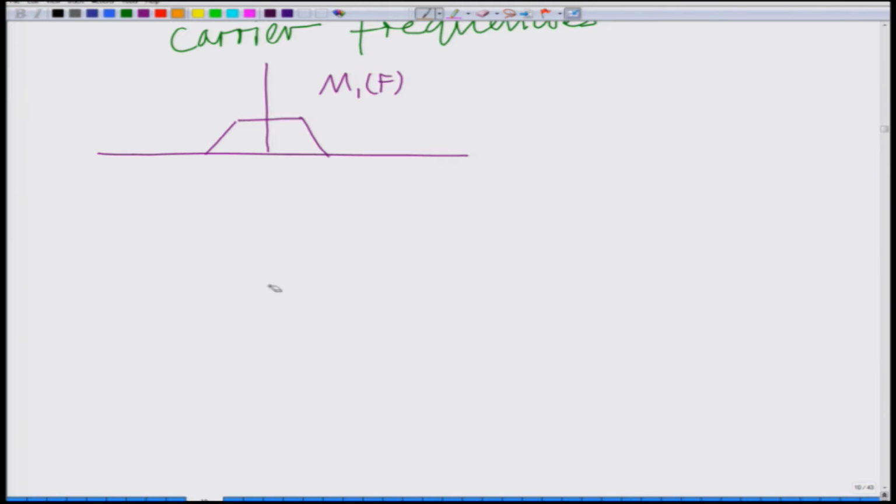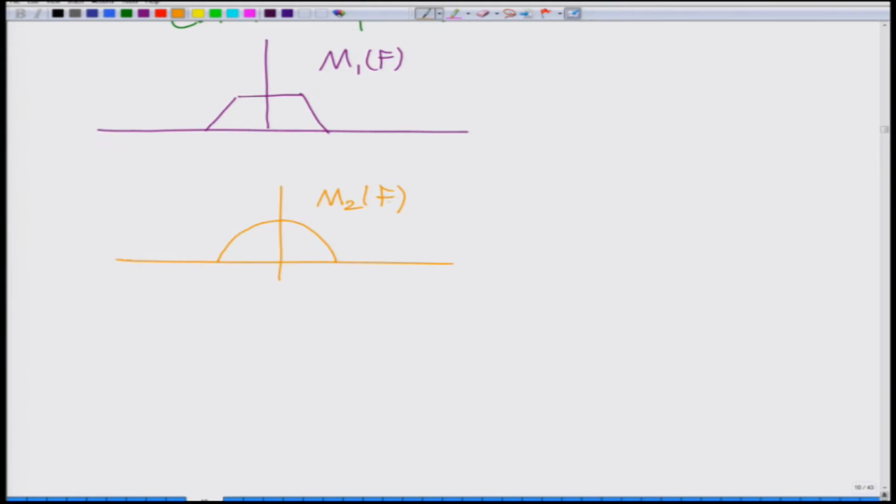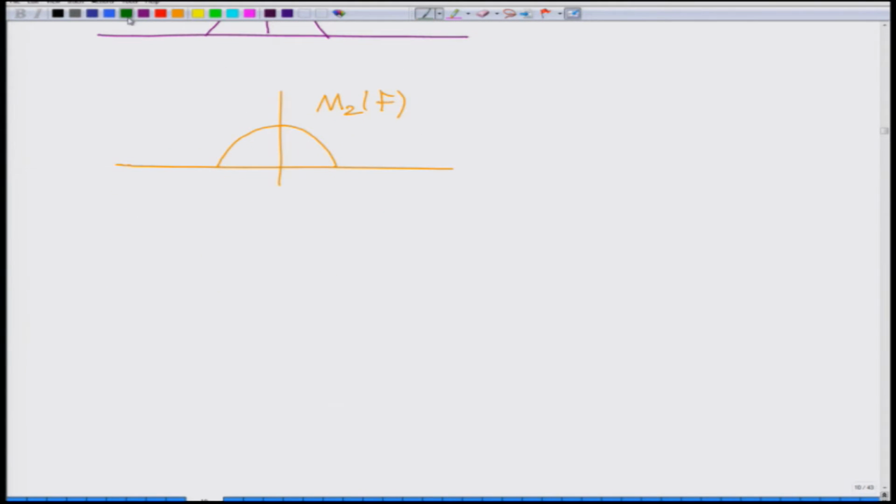Take another signal M2(t), this is the spectrum M2(F). Take another signal M3(t), which has spectrum M3(F).